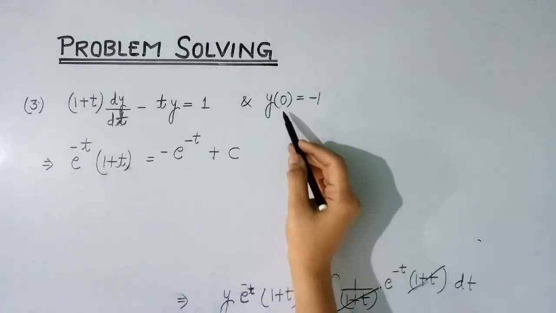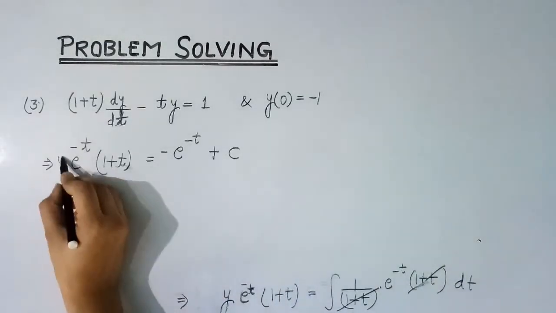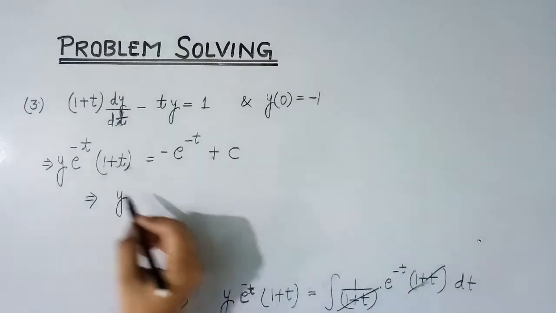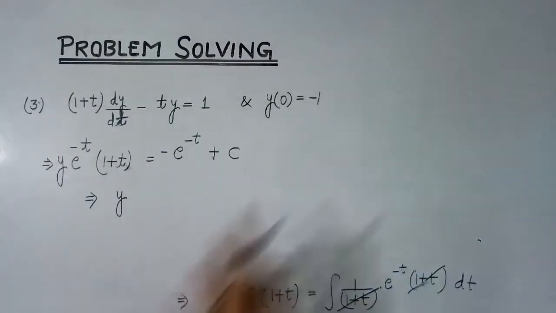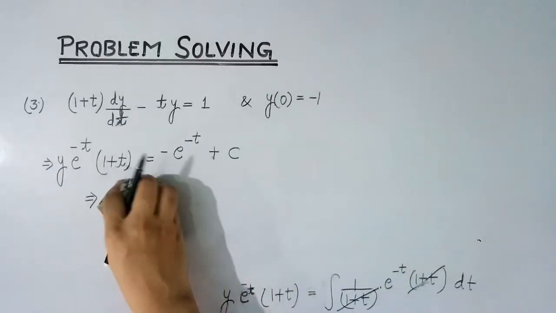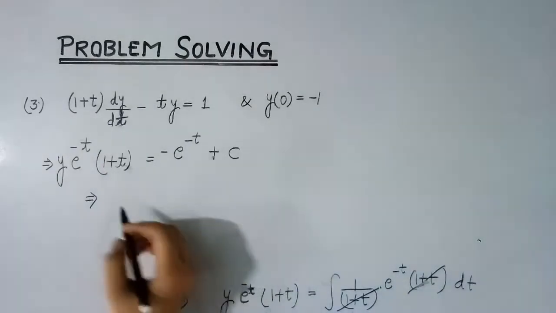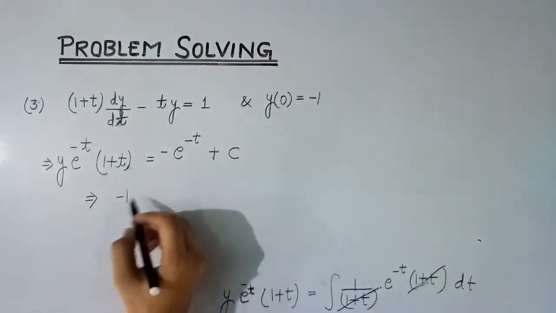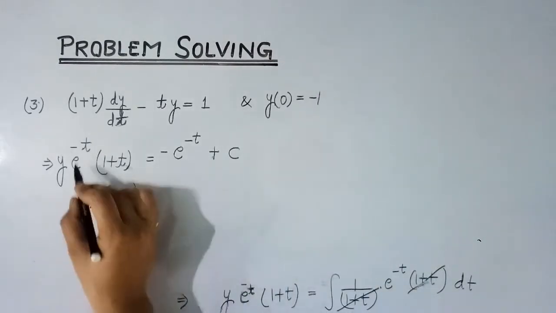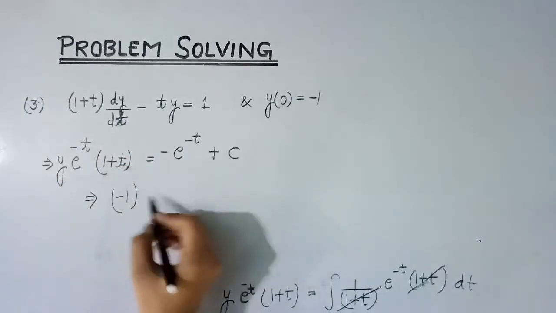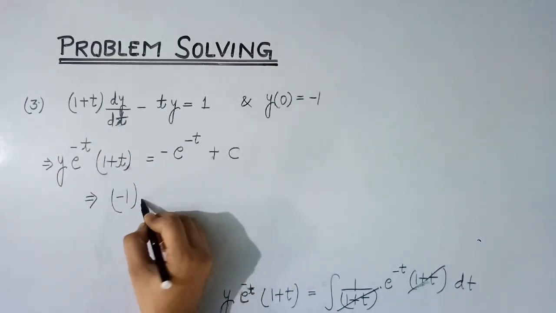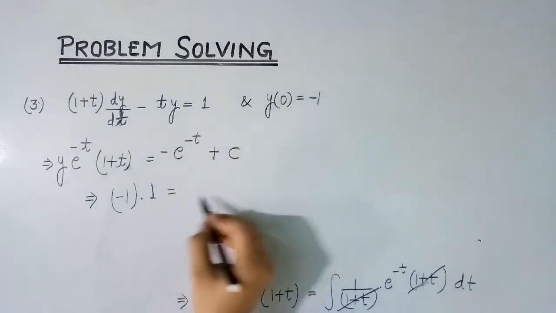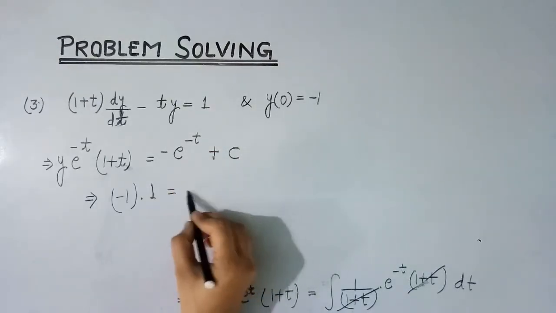So on putting t equal to 0, here is y. So y becomes minus 1. Y becomes minus 1 and this becomes, you can put in and find the value, and this will come out to be 1 and this will come out to be minus 1.